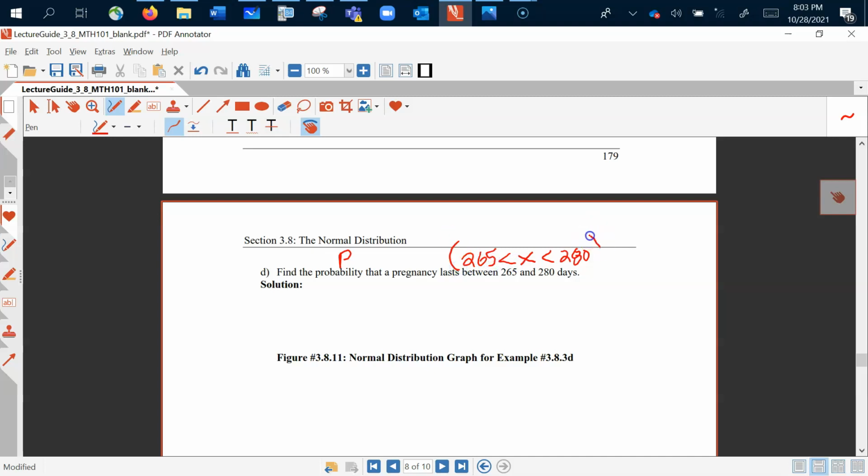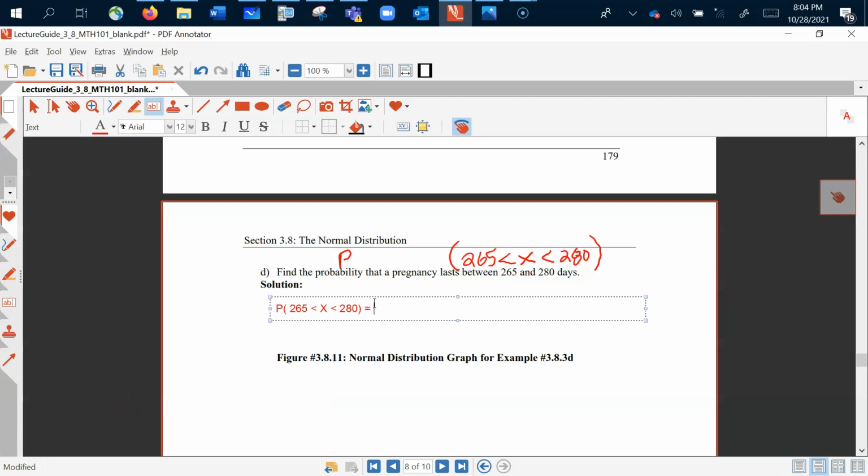So the probability of X, meaning the length of a random pregnancy, being between 280 and 265 days. So if I go ahead and use the calculator, I will be using normal CDF, and the lower value will be 265. The upper value will be 280. The mean is 272, and the standard deviation is 9.